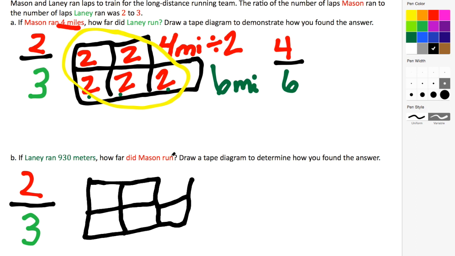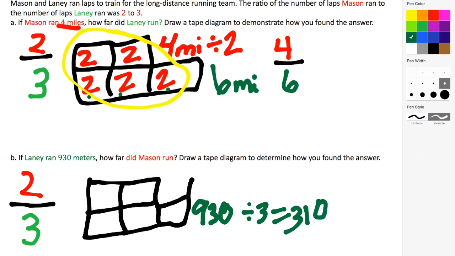So Laney has 3 boxes. So we're going to divide by 3. What are we going to divide by 3? 930. Okay, so 930 divided by 3, that's going to give me 310.